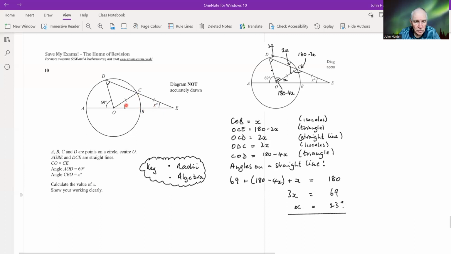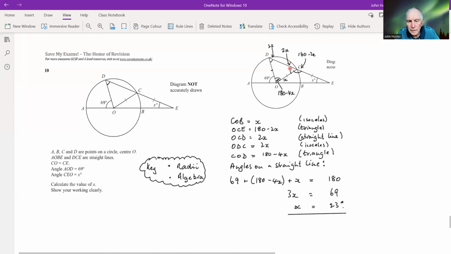Well, COE, so this is isosceles. So this is X as well. So I'll mark that in up there. That's X. And therefore we know what this angle OCE is. Mark that in there, because that's going to be 180 less these two X's, 180 minus 2X. And therefore this side of it, OCD if you like, is going to be 2X. That's 180 minus this 2X.